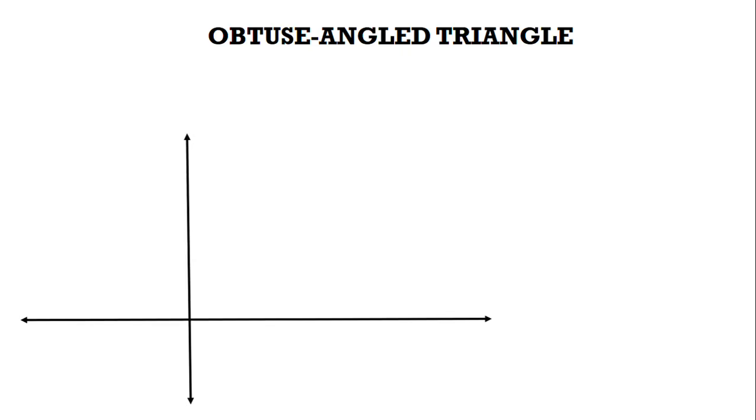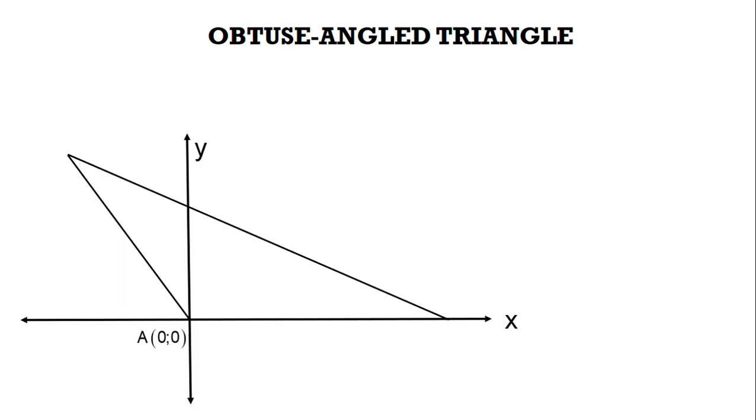So you'll have your Cartesian plane, and then you'll have your obtuse angle triangle. You label your vertices of your triangle A, B, and C. And then you label your sides, small letter a, b, and c. And then you draw your vertical height.